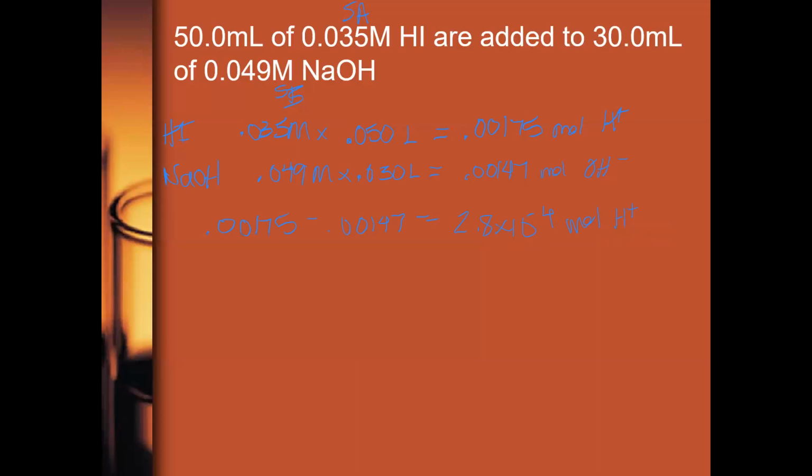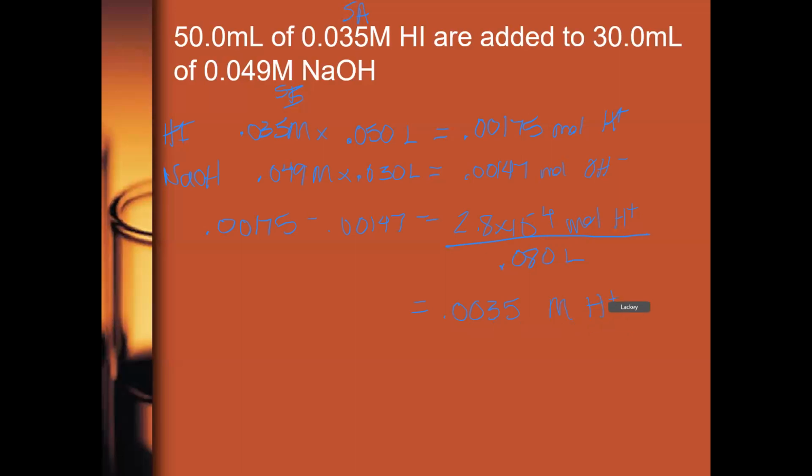So now that we have how much is left over, we divide that by our total volume. So 50 milliliters and 30 milliliters is 80 milliliters, 0.080 liters, which means our concentration is 0.0035 molar hydrogen ions.